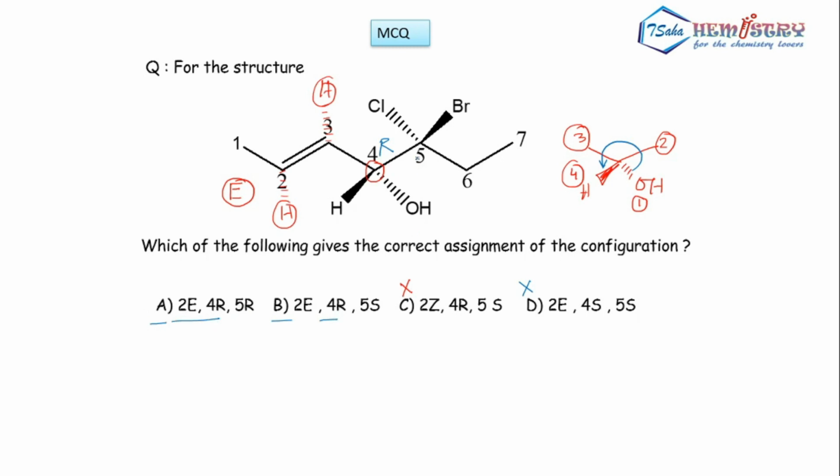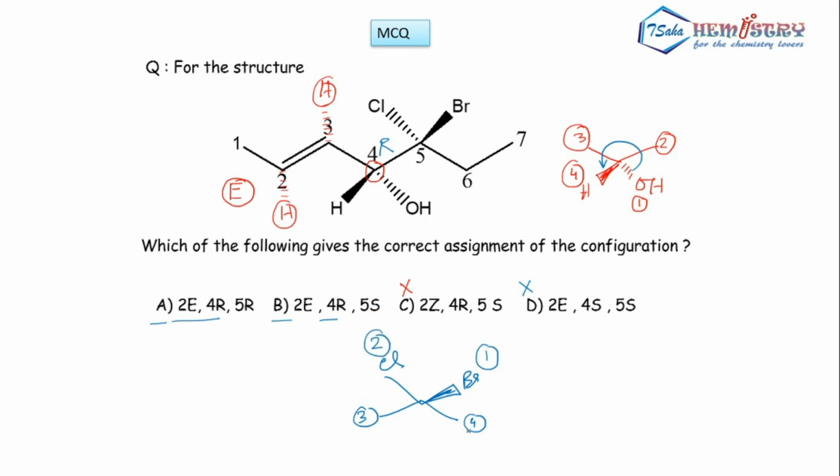Now in case of 5, you have bromine like this, chlorine like this, and two groups over here. The group CH2CH3 will get priority number 4. But because of the presence of OH, that particular group will get priority number 3. Between chlorine and bromine, bromine will get priority number 1 and chlorine will get priority number 2.